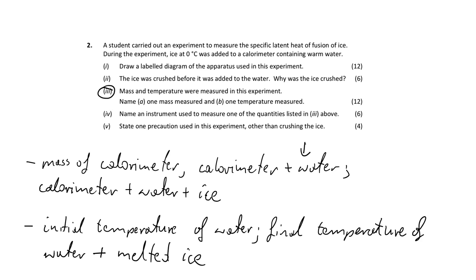That's required in order for us to find out the mass of ice. And then the temperatures that we measure in this experiment are just two. We have the initial temperature of water, and we have the final temperature of the water and melted ice mixture. We know that the temperature of ice is 0 degrees, so we don't need to measure this temperature.